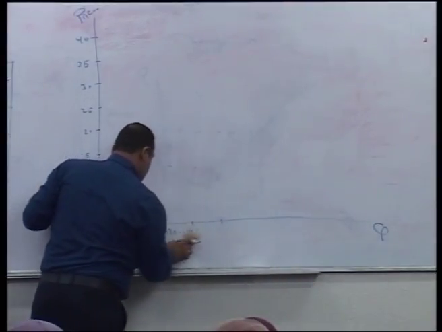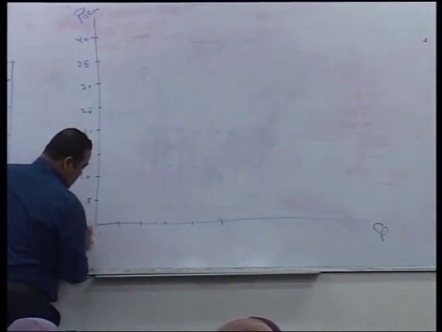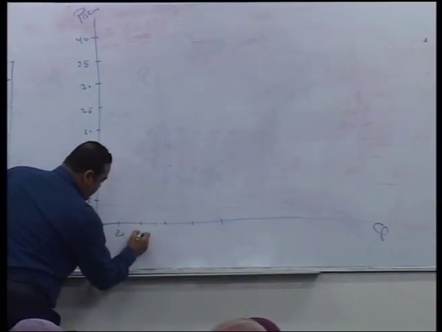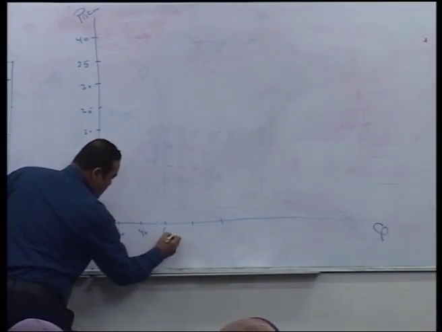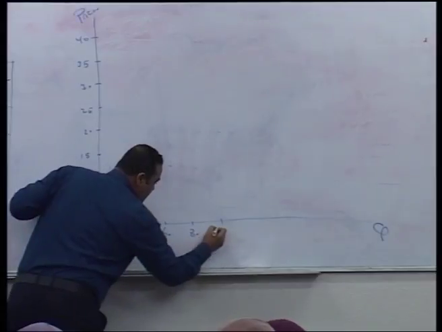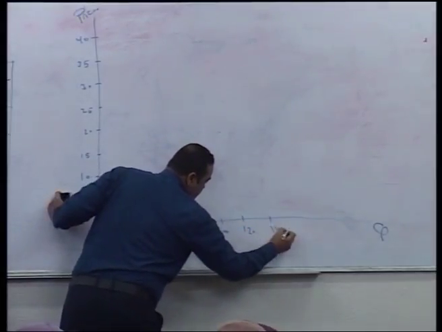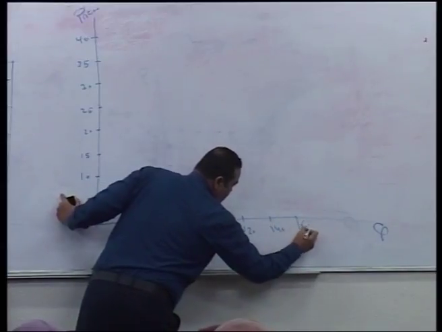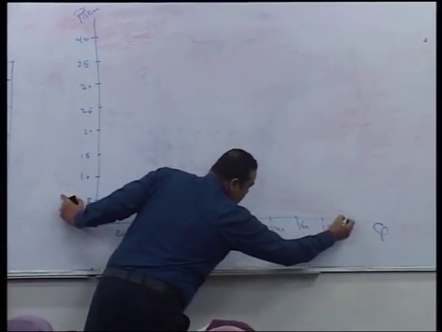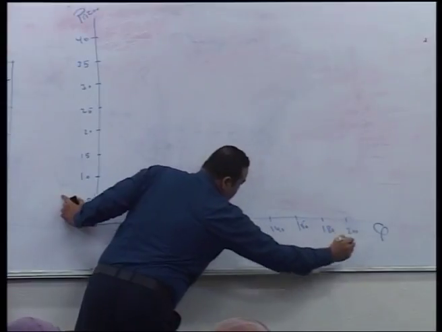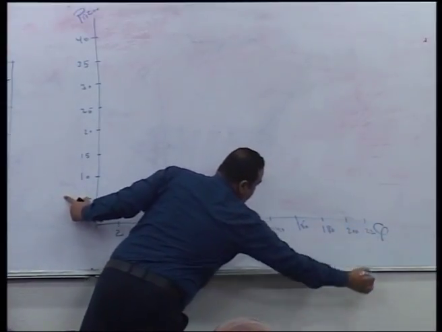Let's make it smaller steps. Okay: 20, 40, 60, 80, 100, 120, 140, 160, 180, and 200. That's it. 220.